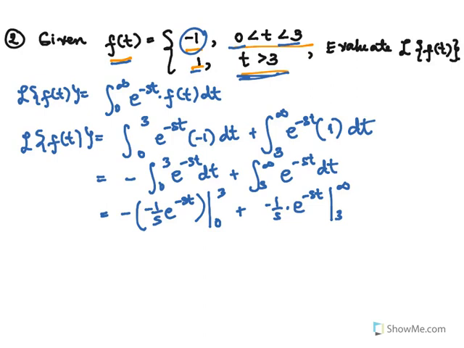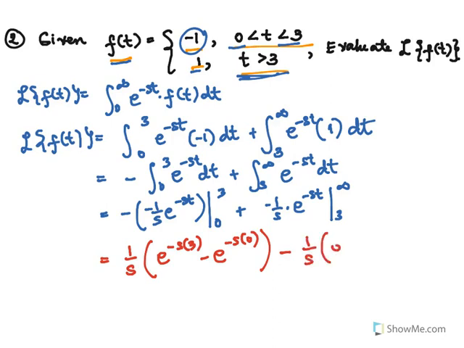So evaluating your integrals, you get positive 1 over s times e to the negative s times 3 minus e to the negative s times 0 minus 1 over s times e to the negative s times infinity minus e to the negative s times 3.